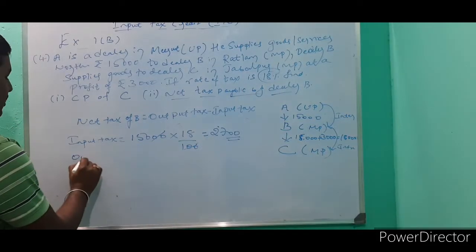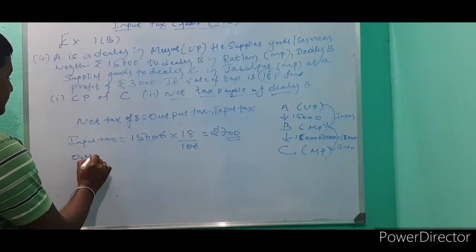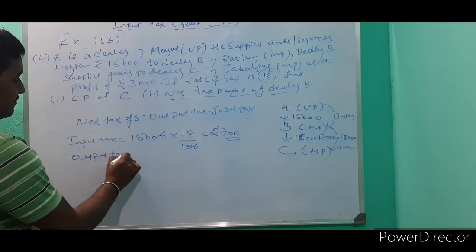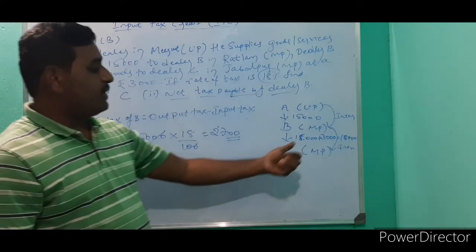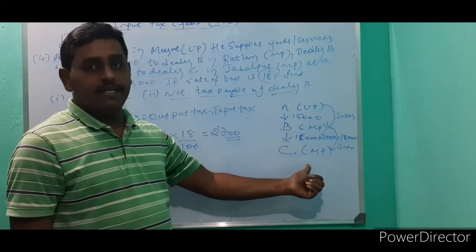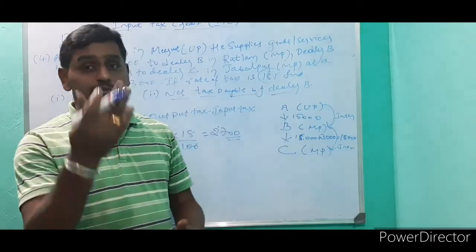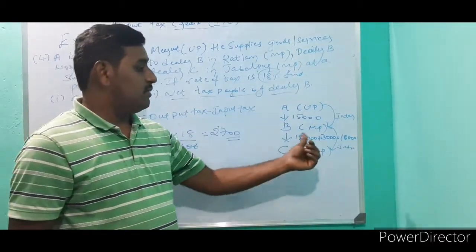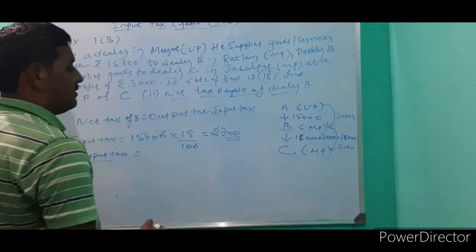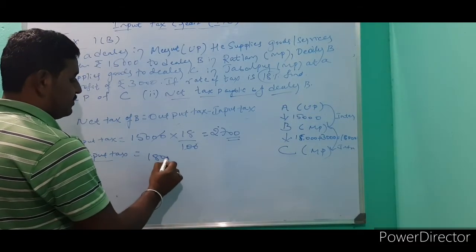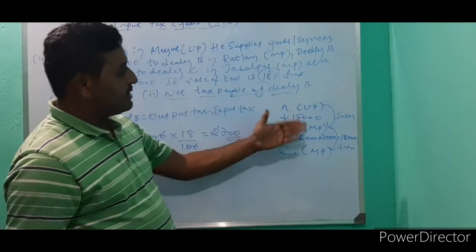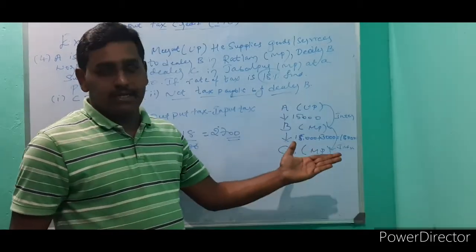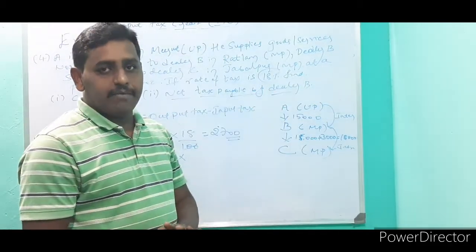Next we have to find output tax. So output tax means dealer B to C. Dealer B is selling to dealer C. So what is the selling price of dealer B to C? 18,000, because after purchasing from A, 15,000 is the net amount.